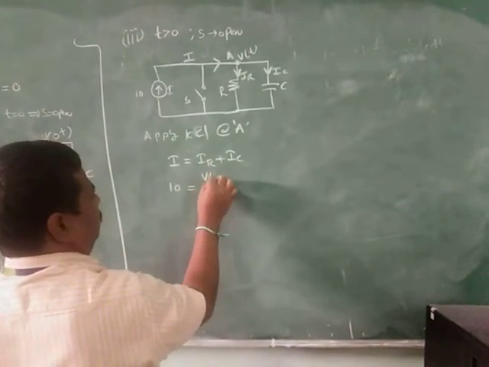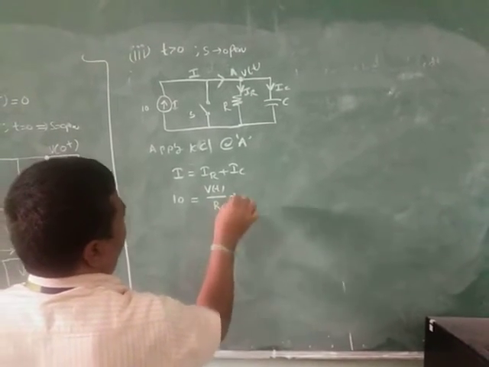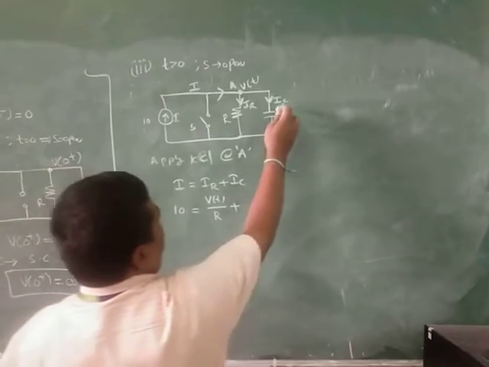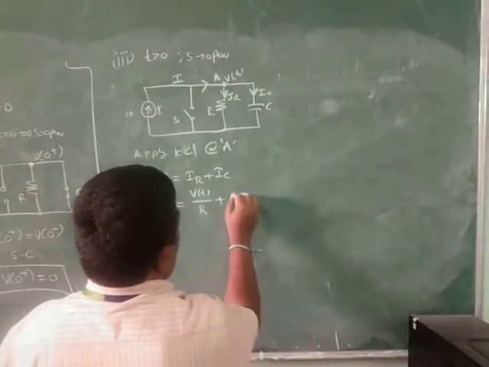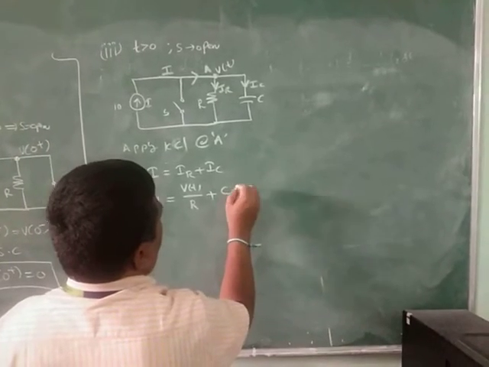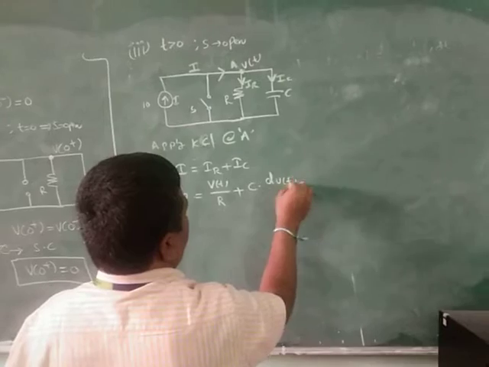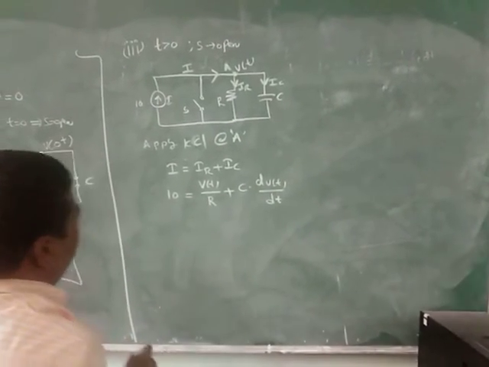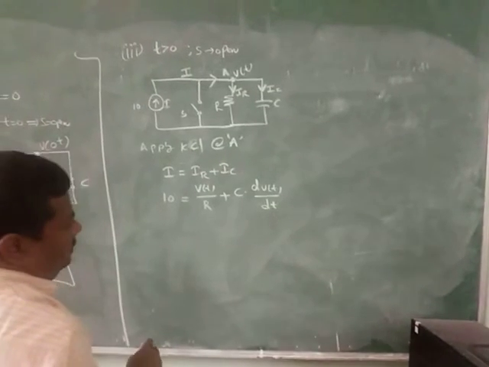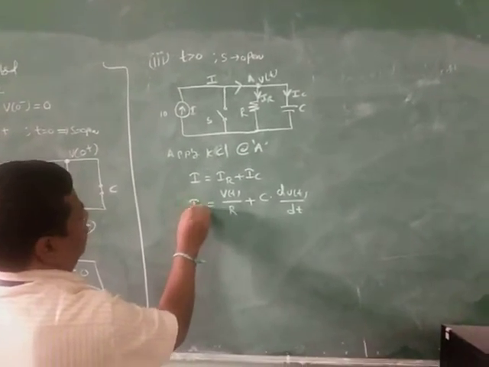IR is equal to v(t) by R. In the capacitor, the current I is equal to C dv/dt. This is a generalized expression.